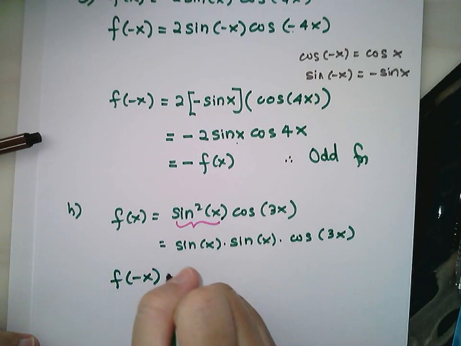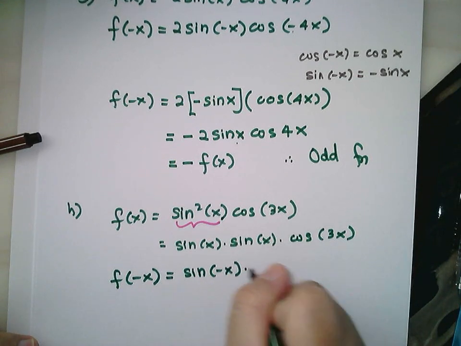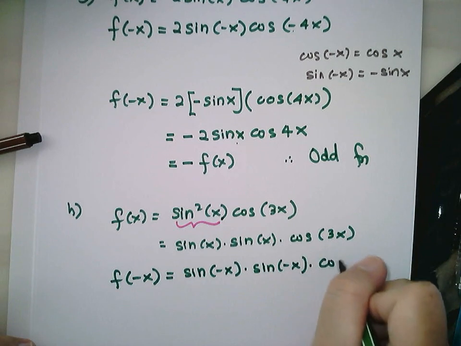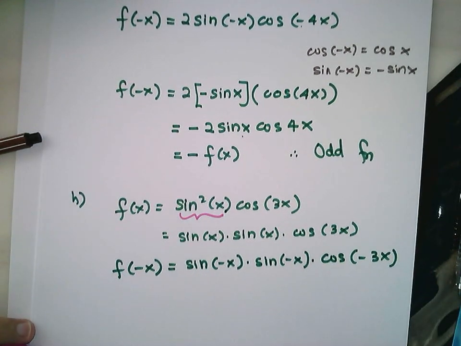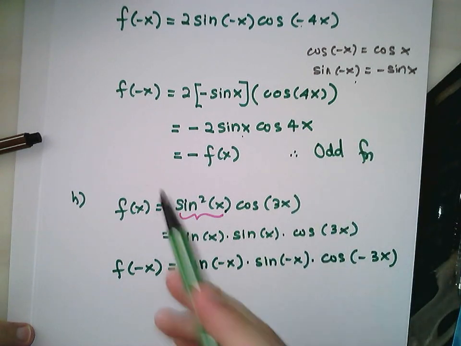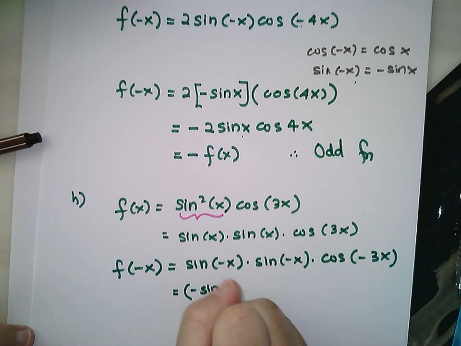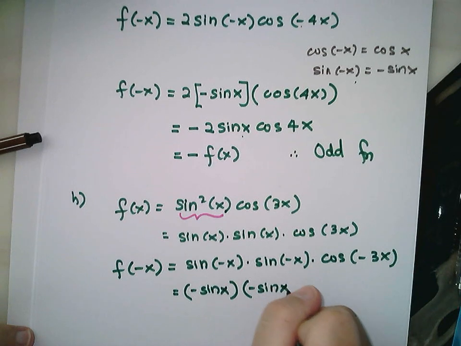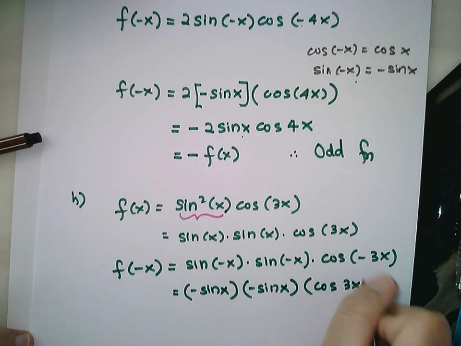So this one is equal to sine of negative x multiplied by sine of negative x multiplied by cos of negative 3x. If you simplify this by using these properties, you will have negative sine x, negative sine x, and the last one is cos 3x.